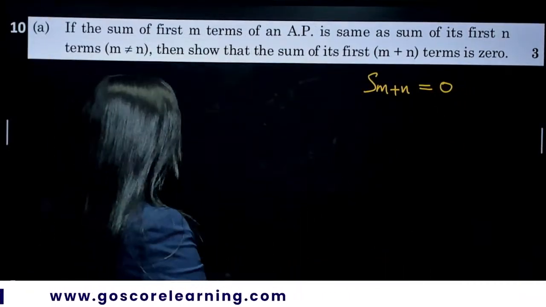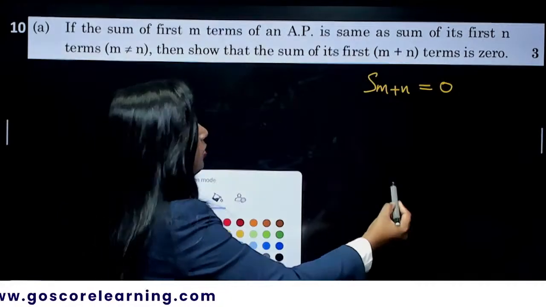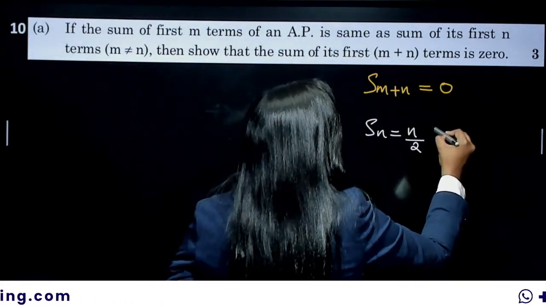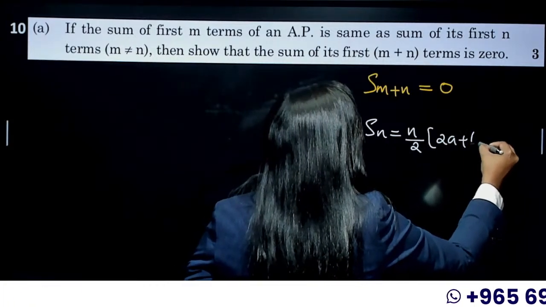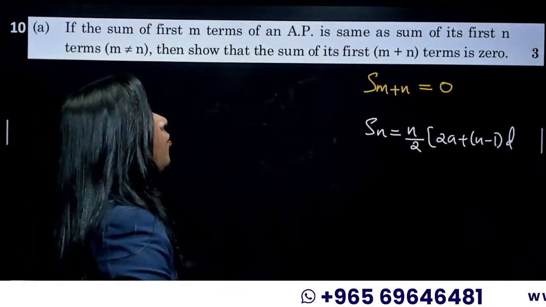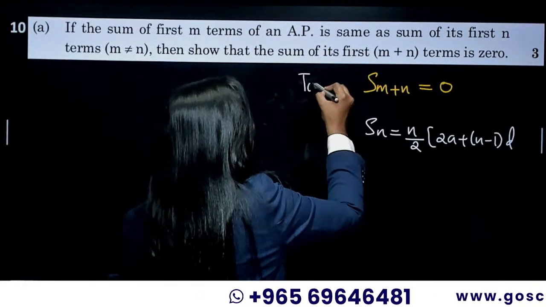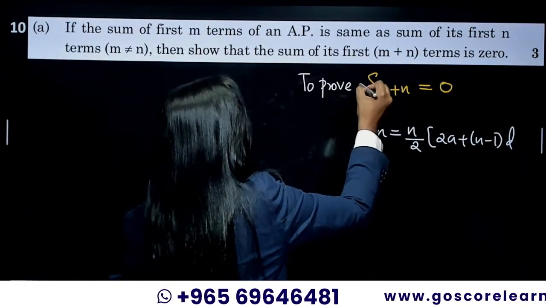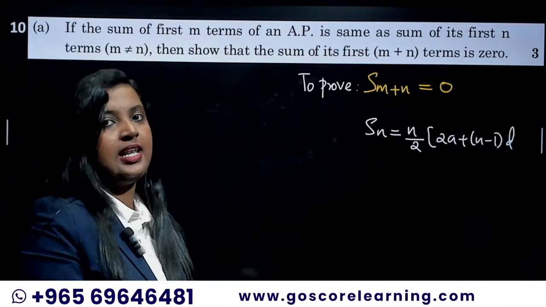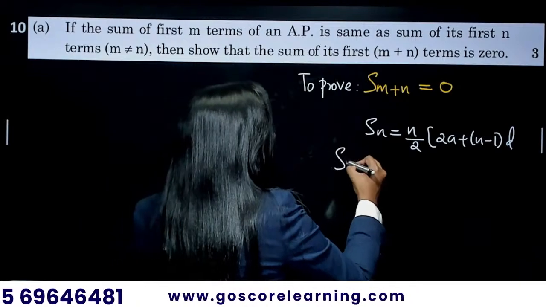Right. So what is Sn? That is the first thing you must know. Sn is equal to n by 2 into 2a plus n minus 1 into d. This is what you have to prove: S(m+n) is 0. So what will be S(m+n)?